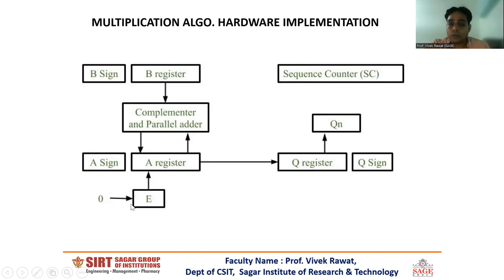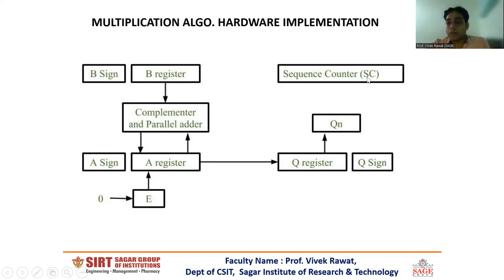Why do we need to take memory for the extended flip-flop? Extended flip-flop means when we multiply two numbers, we have some carry digits. Suppose I multiply two numbers, suppose 12 and 10. When I multiply these numbers, I have some carry digits. So carry digits will be saved in the E flip-flop, that is called the extended flip-flop.